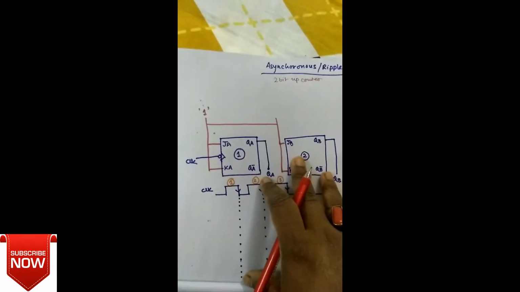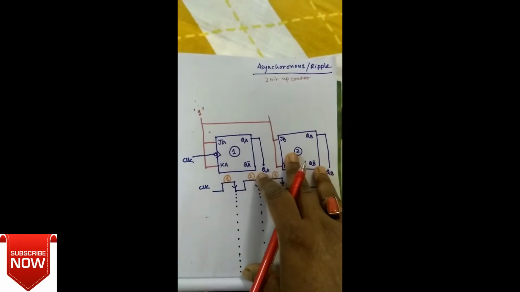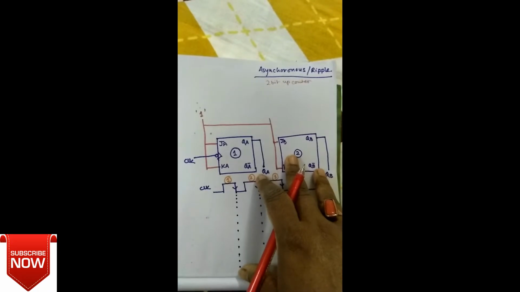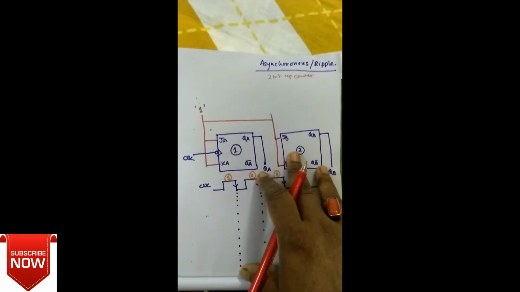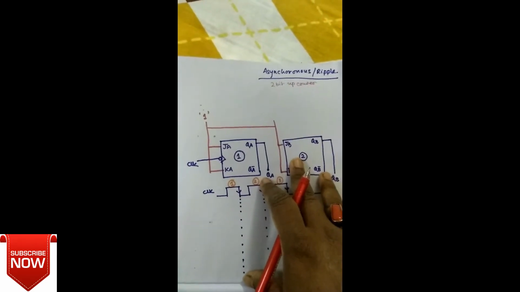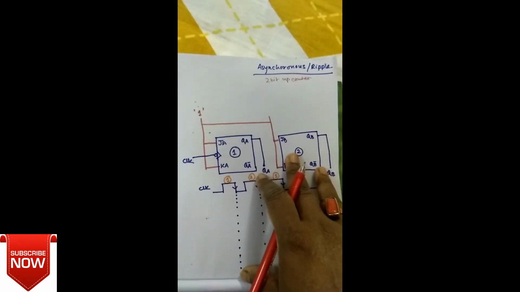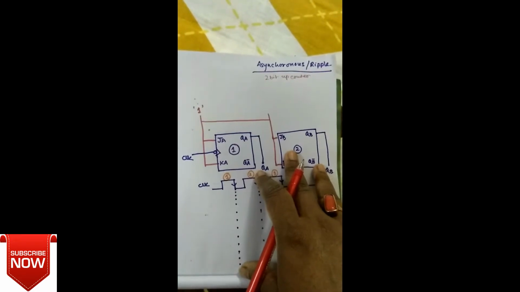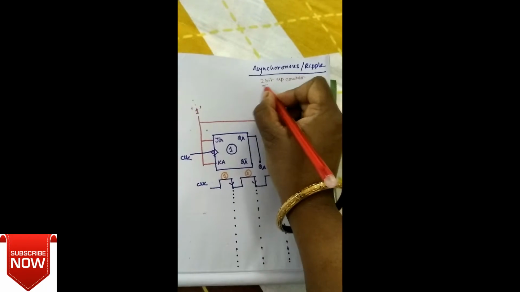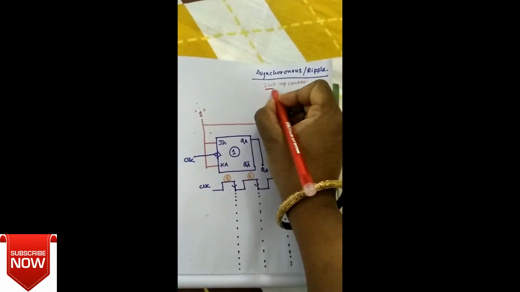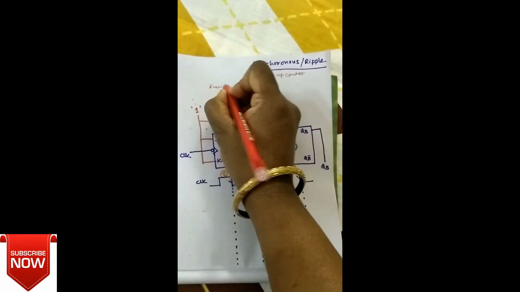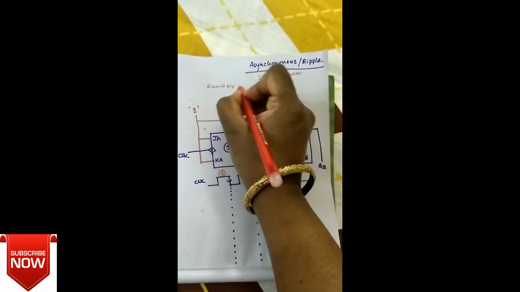An asynchronous counter is basically a counter where the input of the second flip-flop is the output of the first flip-flop. What is this? I will discuss right now. If we are designing a 2-bit up counter, then 2-bit means the required number of flip-flops is 2.